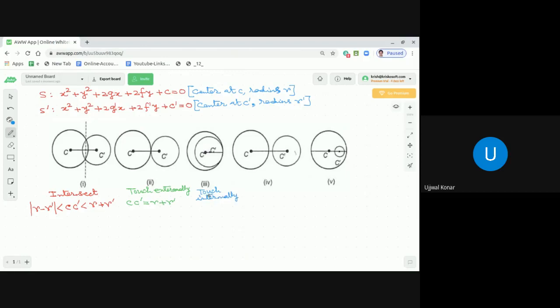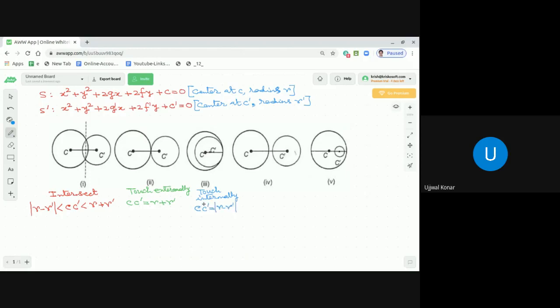If they touch internally, then what is the relationship we are going to get, dear students? C C dash should be the difference between their radii. We will take the non-negative difference because C C dash is positive, the distance between 2 points. So C C dash should be mod of R minus R dash.